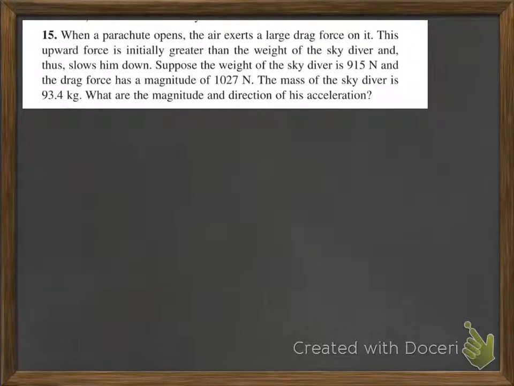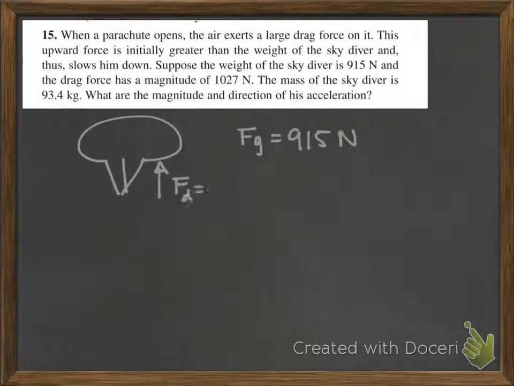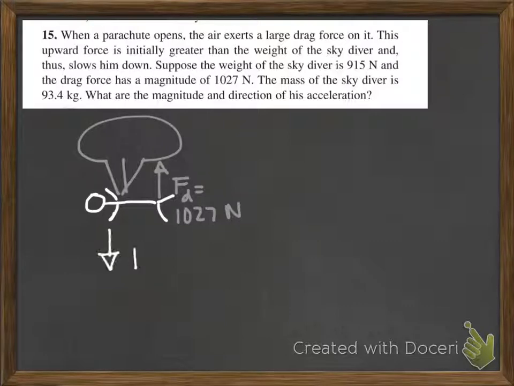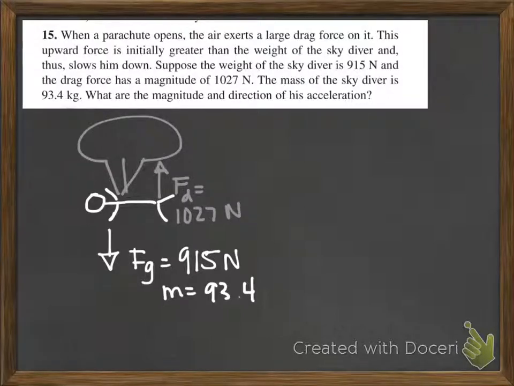So we just need to find acceleration. They give us that the drag force is 1027 newtons and his weight is 915 with a mass of 93.4 kilograms. So we just have to really think of the equation force equals mass times acceleration, because we do know his force and we do know his mass, so technically we can find his acceleration.